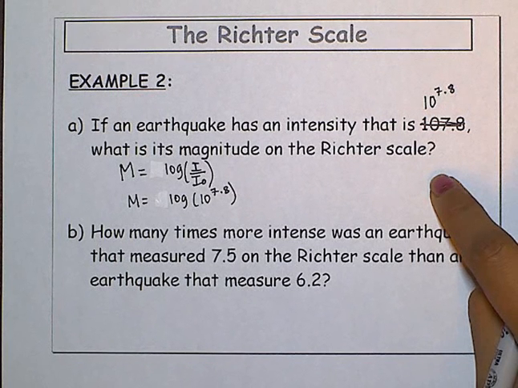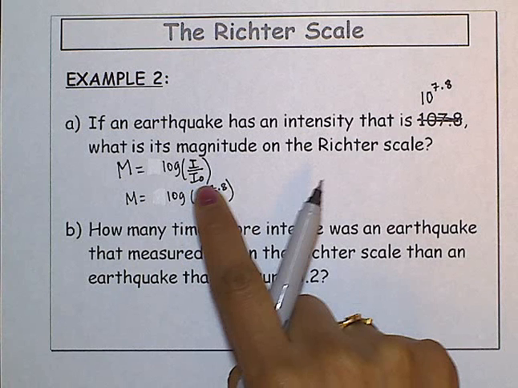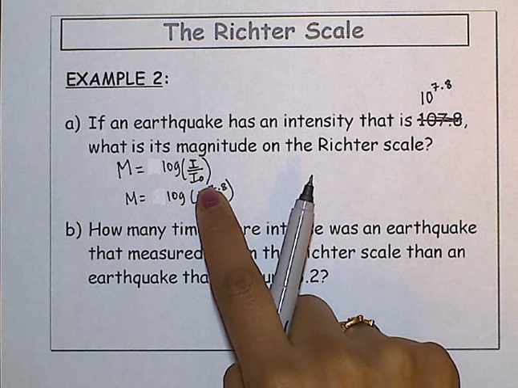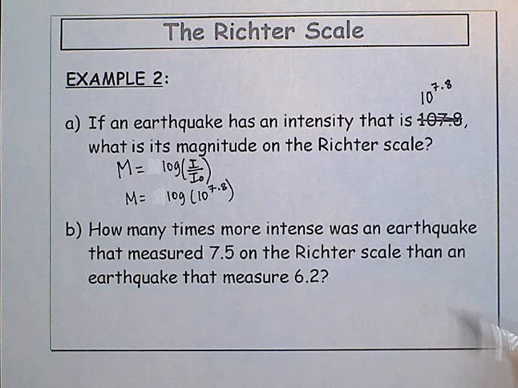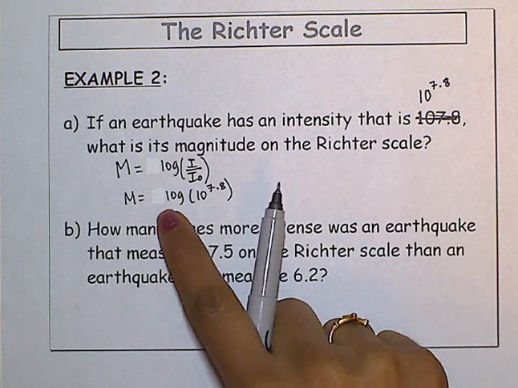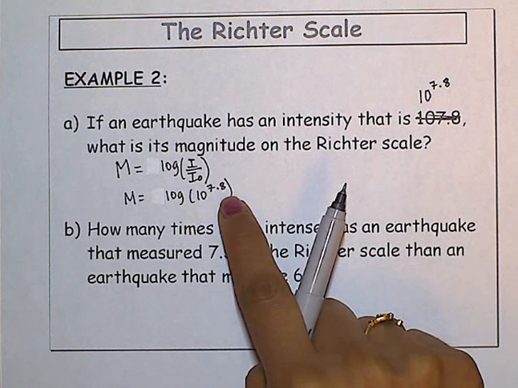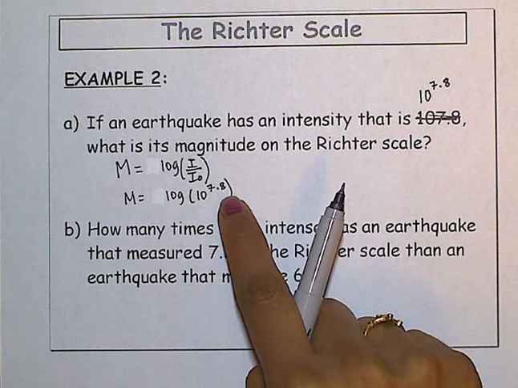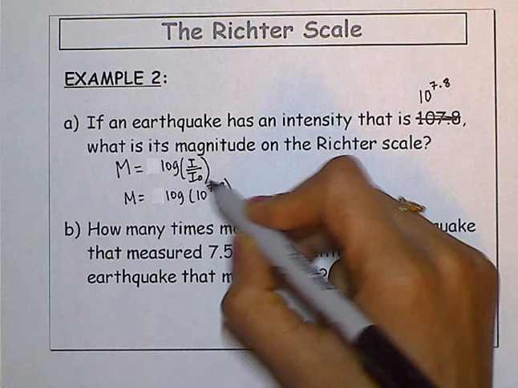I'm going to start off by writing down the formula for the magnitude of the Richter scale, which is M equals log of I divided by I naught. And in this case, since I naught is the amount of movement of a low-level earthquake, we're going to consider it to be negligible. So M equals log of 10 to the power of 7.8, and we're going to use our power law of logs, which allows us to move the 7.8 and multiply it with the logarithmic function.